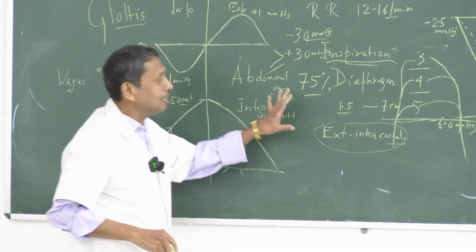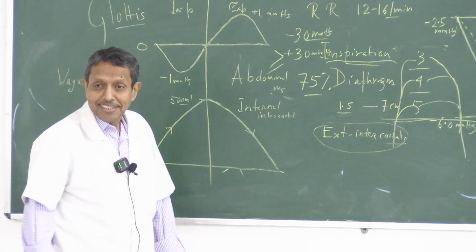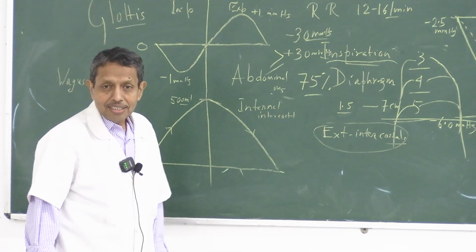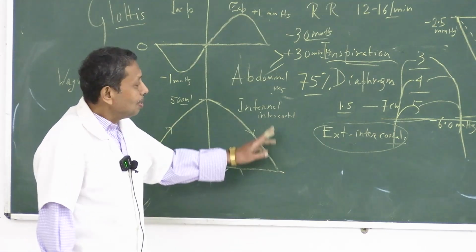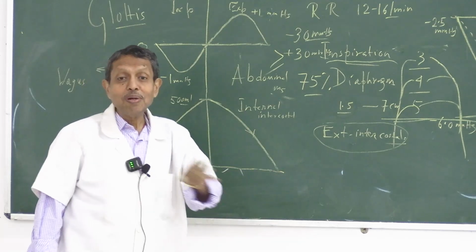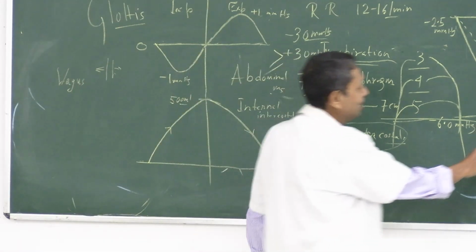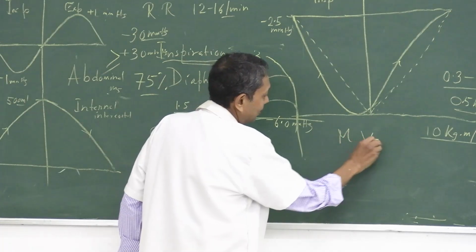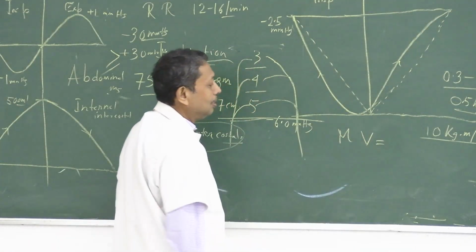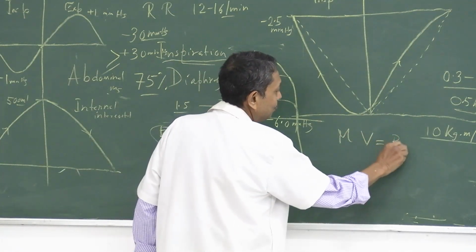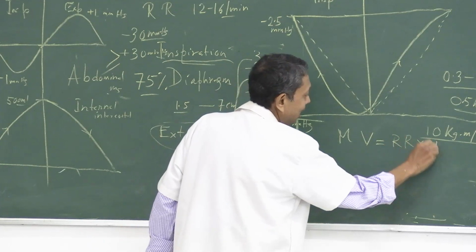Now, after this knowledge you can have some understanding. There is ventilation, minute ventilation. What is the value normally? It is the respiratory rate multiplied by the tidal volume.